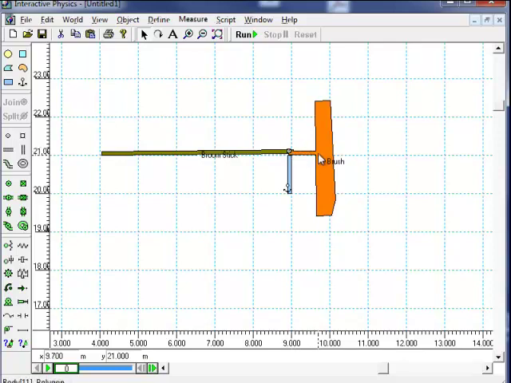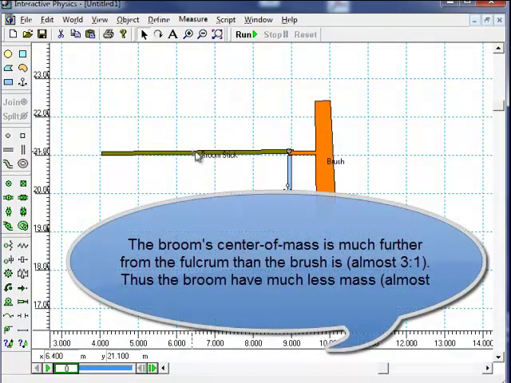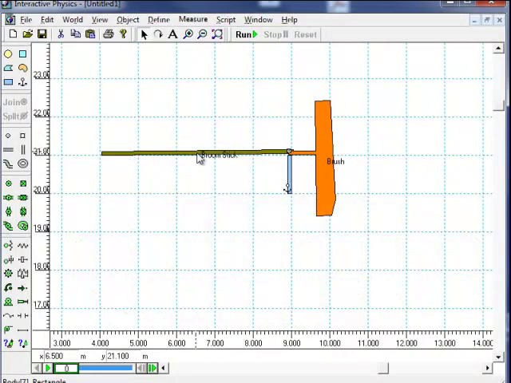So in order to produce the same torque on the right hand side and on the left hand side, the broomstick must have less mass at this about 2.5 meter lever arm here, really big broom, I guess, while the brush part over here with an essential lever arm of about 0.8 meters maybe, must have relatively small mass in order to produce the same torque.